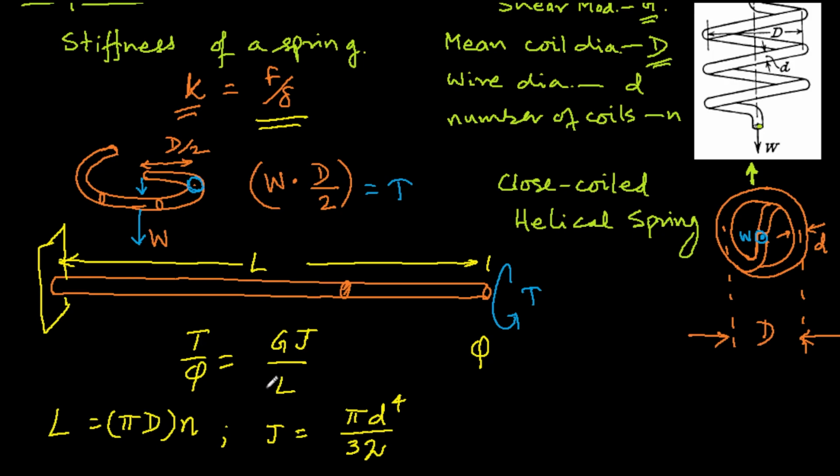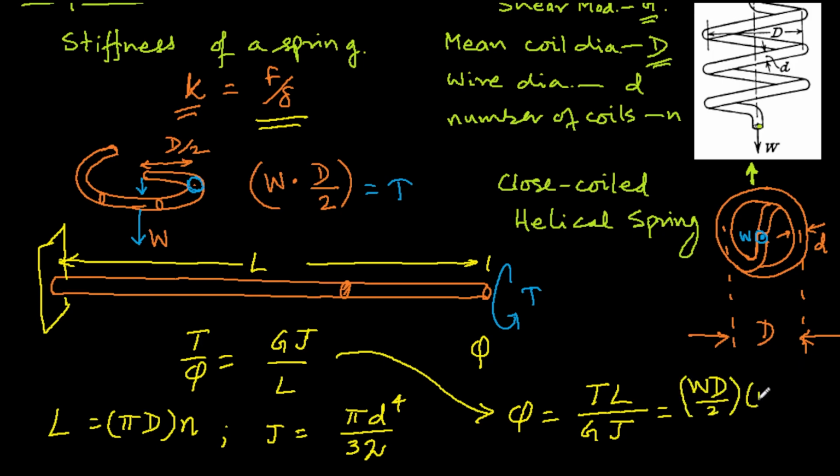Now, from here what we can do is calculate the angle phi. Phi will be T times L over G times J. But then, let's substitute everything here. Instead of T, we can now write W d over 2.